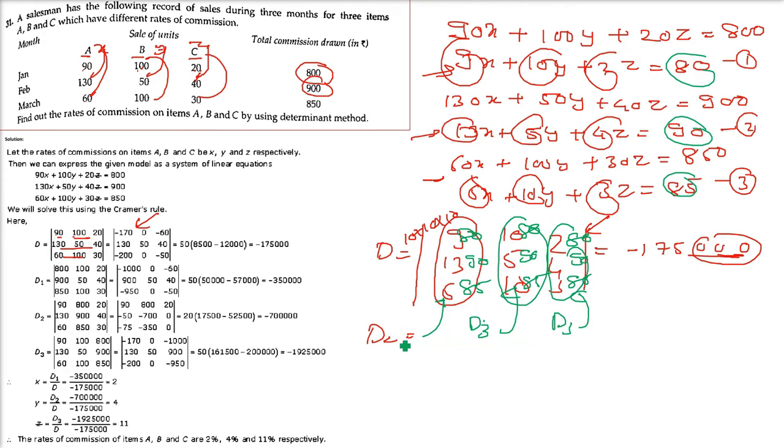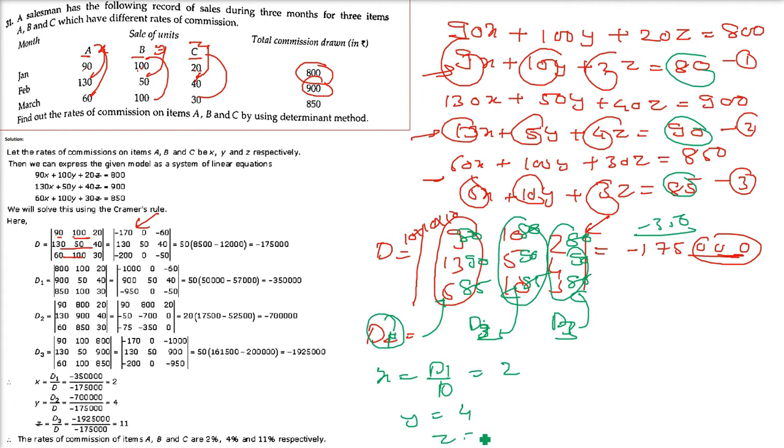So D1, D2, D3 are computed, D is also computed, X will be equal to D1 by D, Y will be D2 by D and Z will be D3 by D. So X will be 2, Y will be 4, and this D1 is going to come as minus 350 with what I told you. So the easier way is to do that.